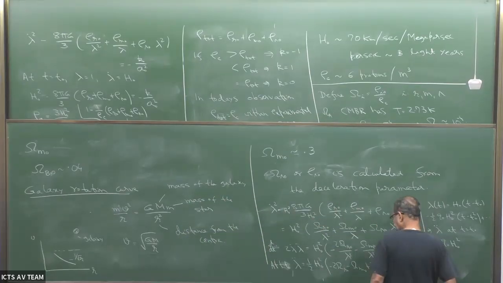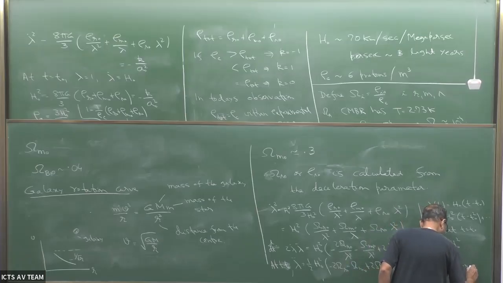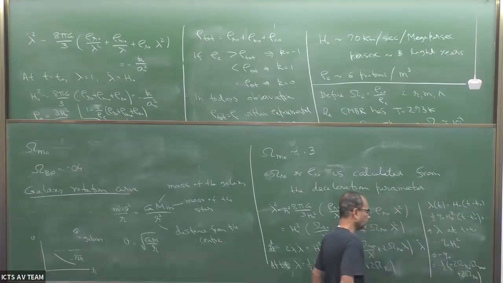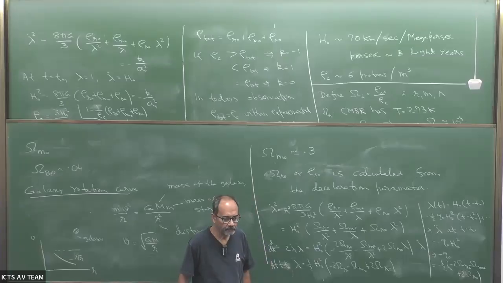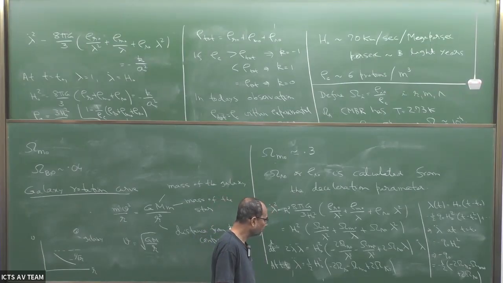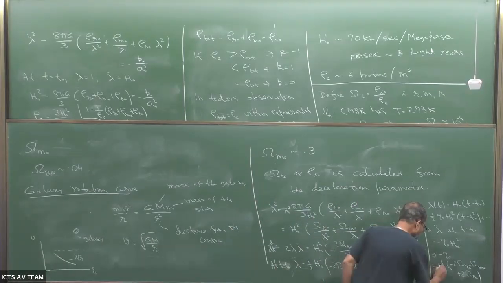It tells us that minus q naught is minus half times minus 2 omega r naught minus omega m naught plus 2 omega lambda naught. Last half, yes, thank you. Last half.